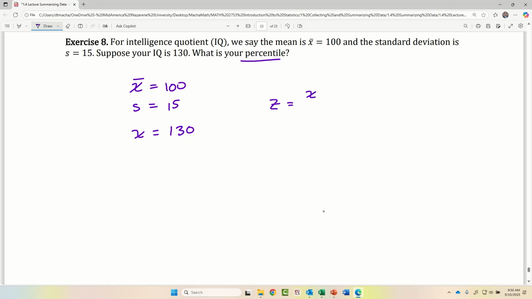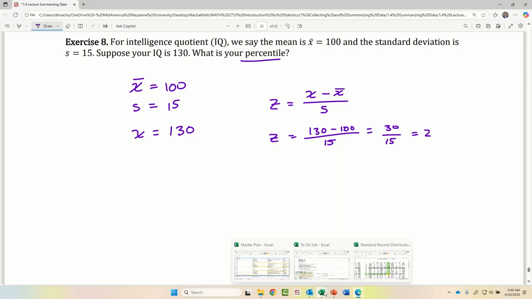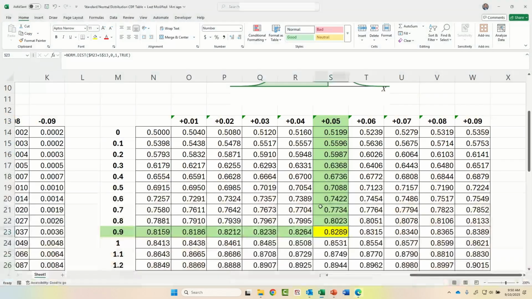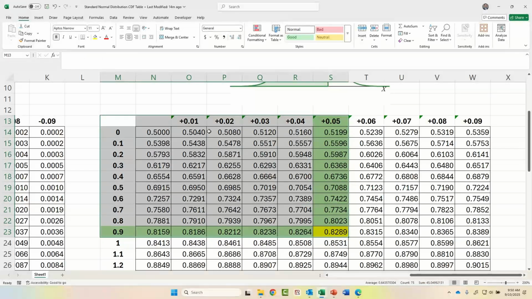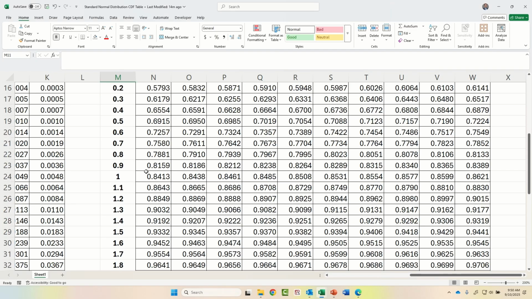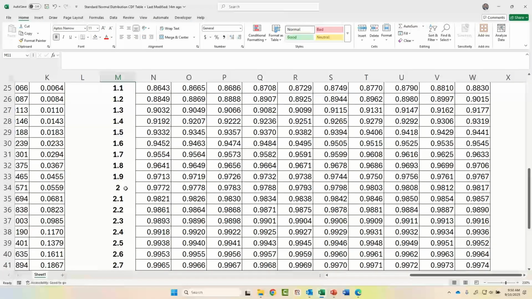The first step is to calculate your z-score, and your z-score follows this formula. So we take 130 minus 100, divided by 15. That's 30 divided by 15, which is 2. Our z-score is 2. Now I'm going to use my lookup table, the same one as before, and this time my z-score was just the number 2.